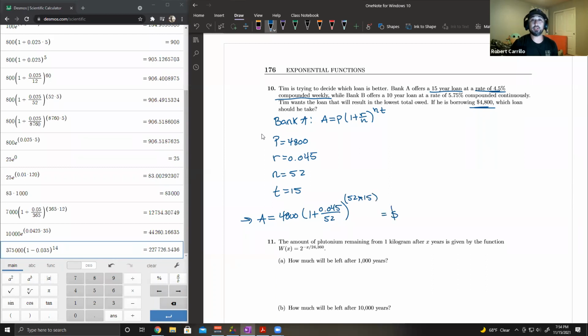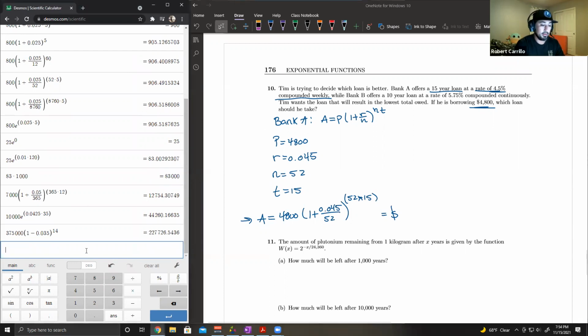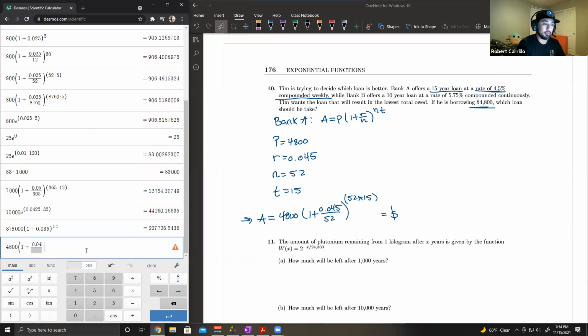Let's see how much Tim would owe if we went with Bank A. 4,800 times 1 plus 0.045 over 52 raised to the 52 times 15.